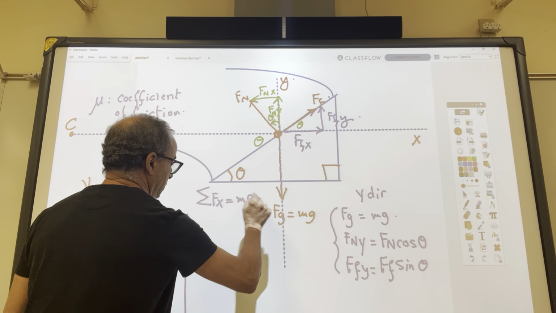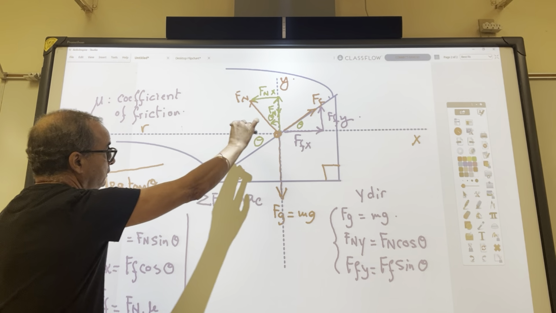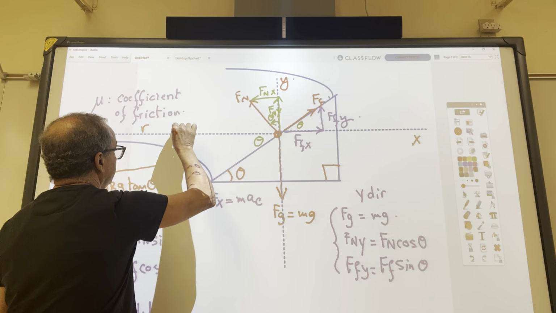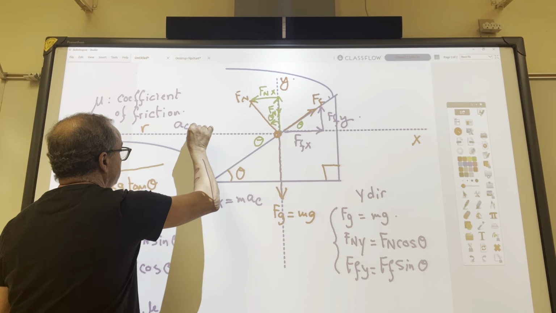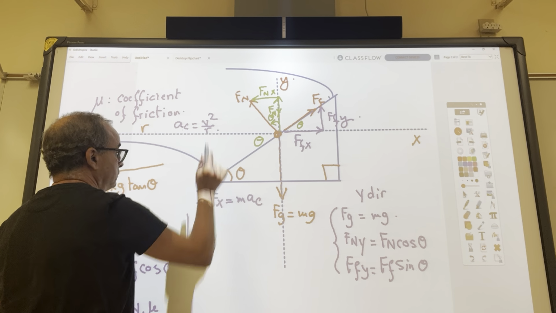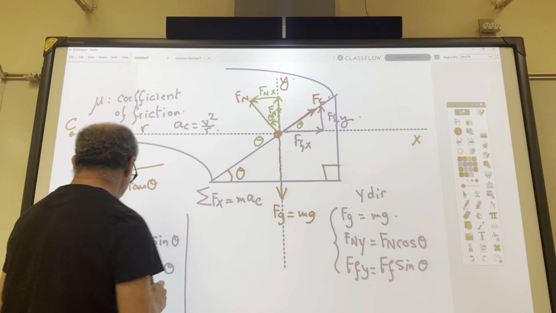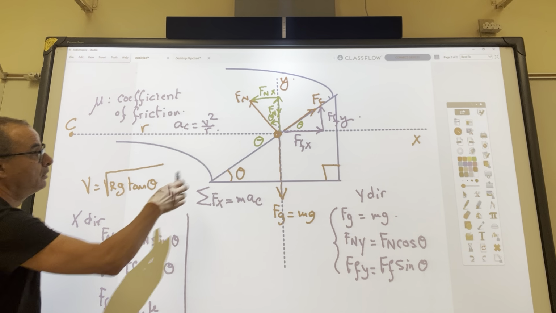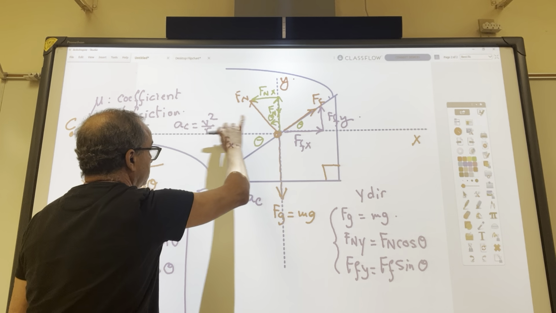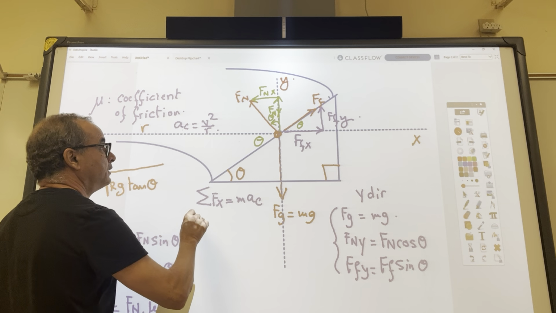And remember, we have a centripetal acceleration, which is center-seeking, and that we already know is v squared over r. So we're going to replace ac by v squared over r.